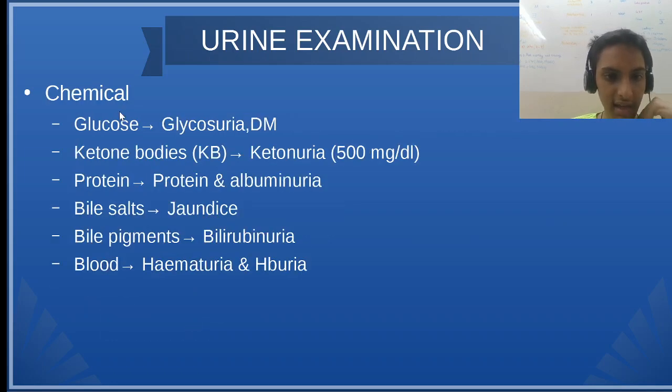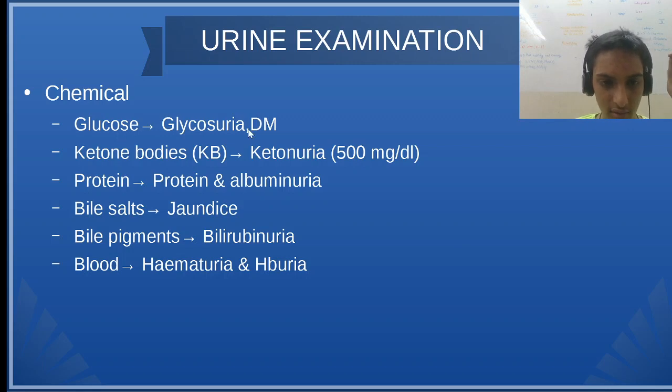Let us see with chemical. So we have glucose, ketone bodies, protein, bile salts and pigments with blood. So glucose, mostly diabetes only. Diabetes or glycosuria, mostly diabetes. Ketone bodies, we have ketonuria. Excretion will be 500 milligrams per deciliter.